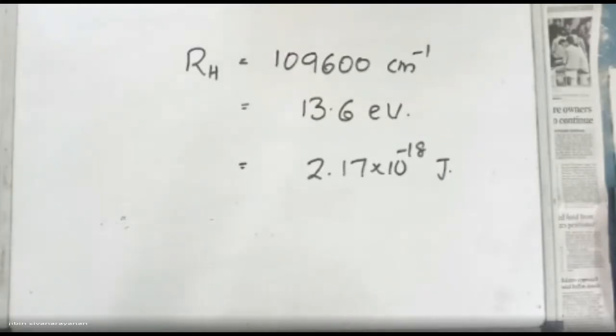You can take the ground state as n equal to 1. Here we are considering electronic energy levels, not vibrational or rotational kind. So we can put n as 1 here.